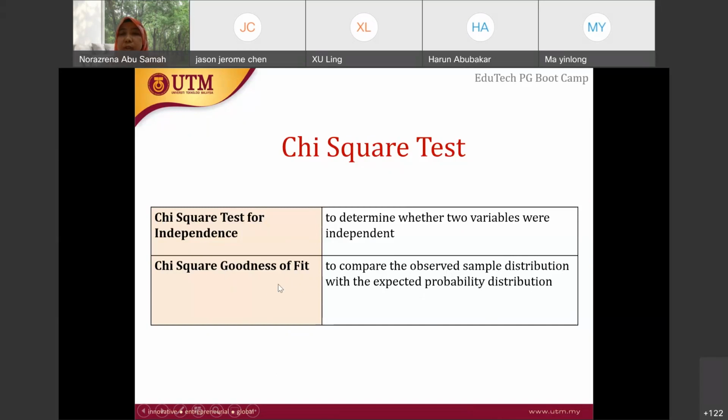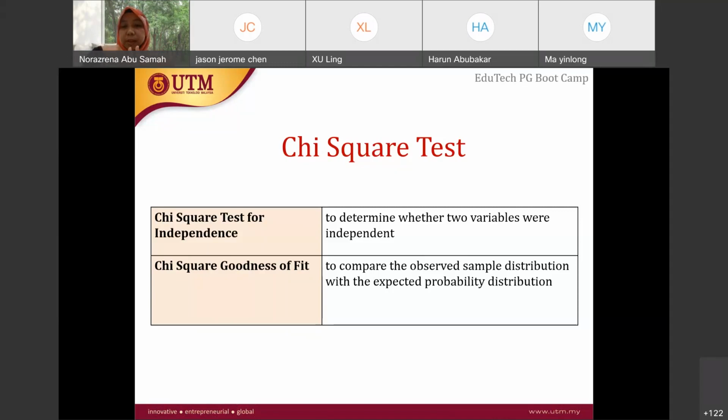Normally, we use the goodness of fit to identify if there is any preference in the population. Let's say there is house. For our null hypothesis we say that all houses have the same preference. Let's say we have 4 types of houses.